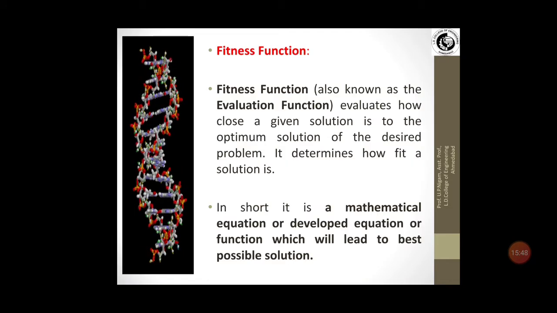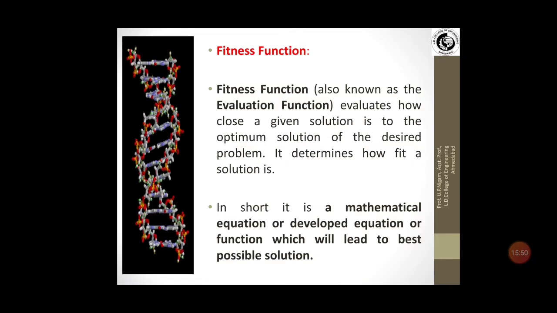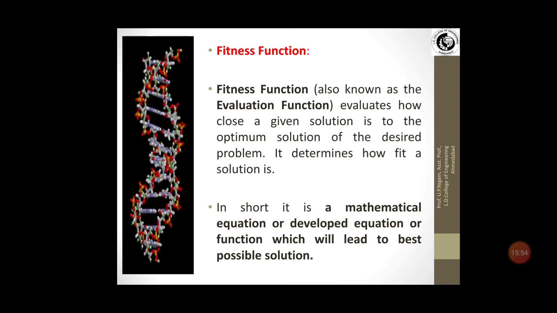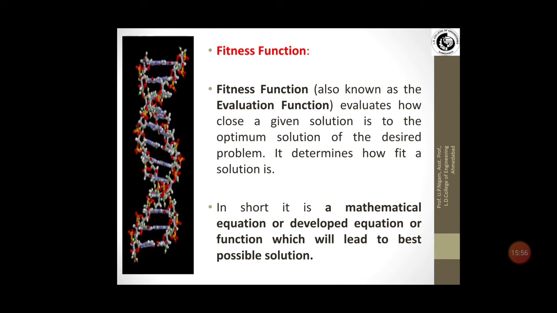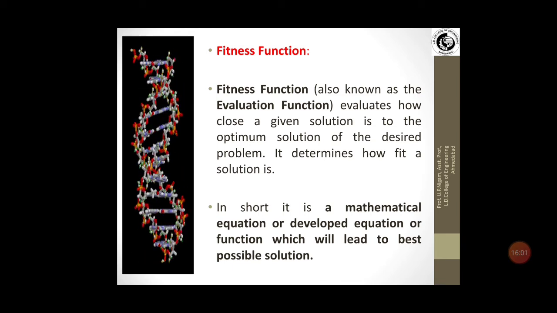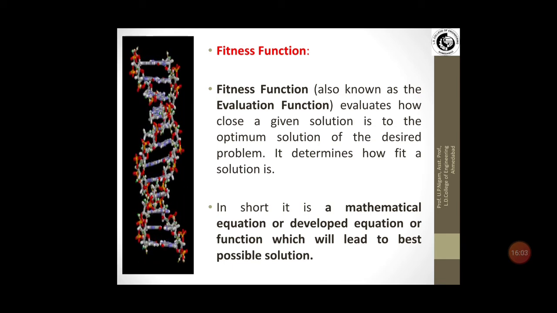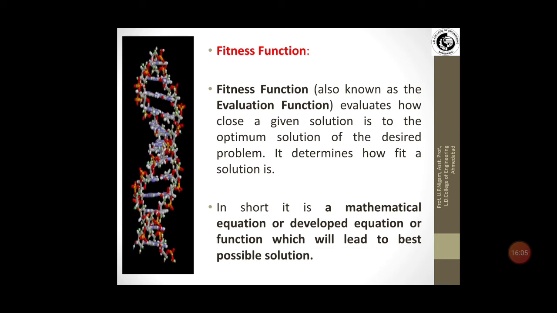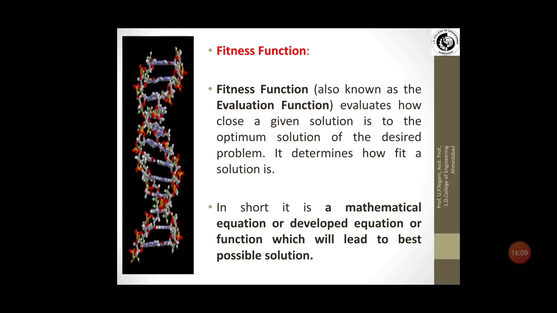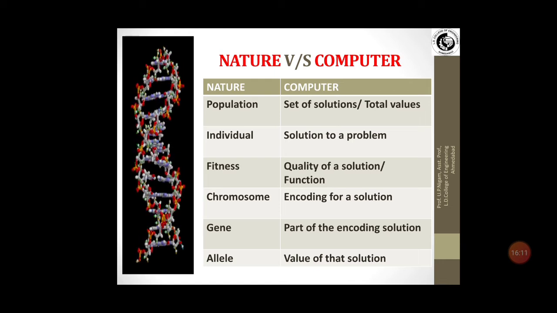Then comes the fitness function, or the evaluation function. It evaluates how close a given solution is to the optimum solution of the desired problem. It determines how fit a solution is. In short, it is a mathematical equation or developed function which will lead to the best possible or optimum solution. That is its importance.